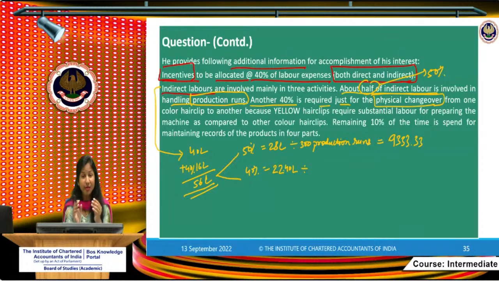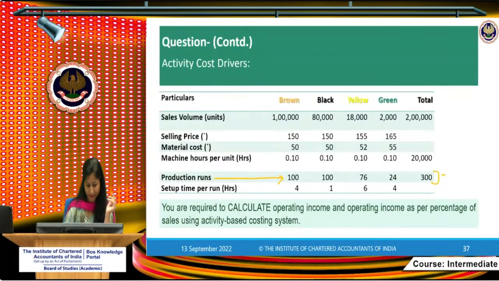The company is manufacturing particular hair clips. Obviously, there may be some setups they have made where they are running the production. Do we have the information of production runs? Yes, we had already. Do we have the information regarding the setups? Let's see. Yes, we have that information.